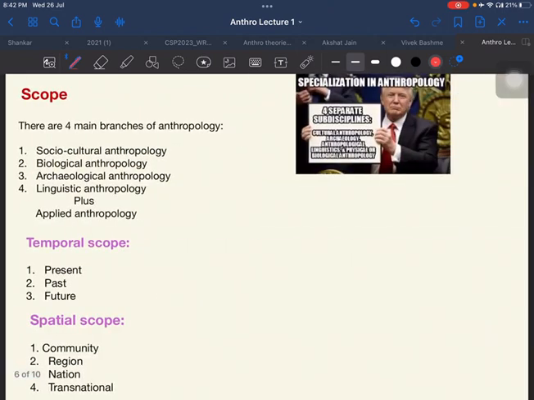Now, moving ahead, talking about the scope of anthropology, what do we mean by scope? The scope means what we can expect when we study this subject: what we will study, to what extent, to what depth, and how much knowledge we will gain from it.